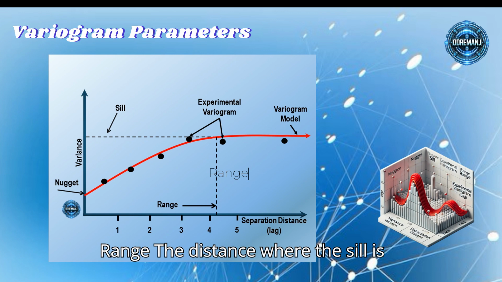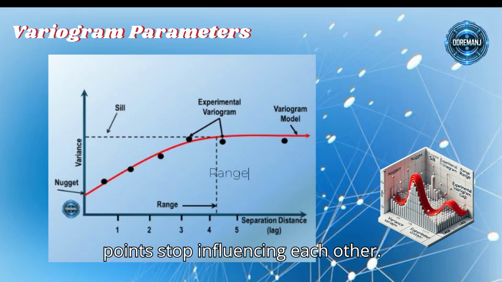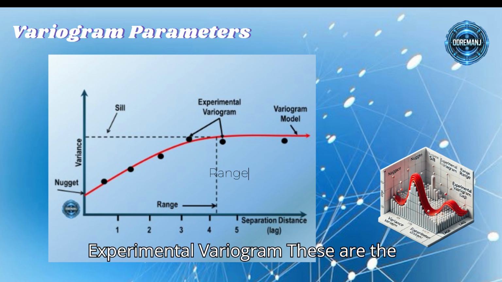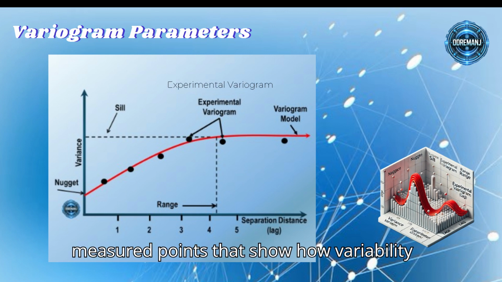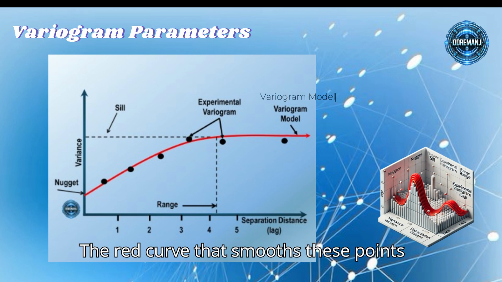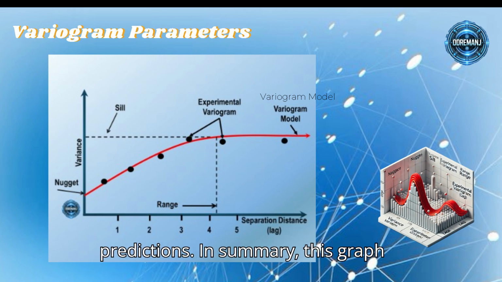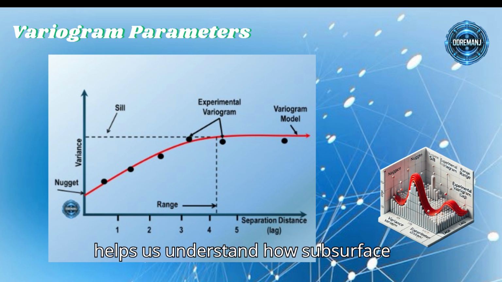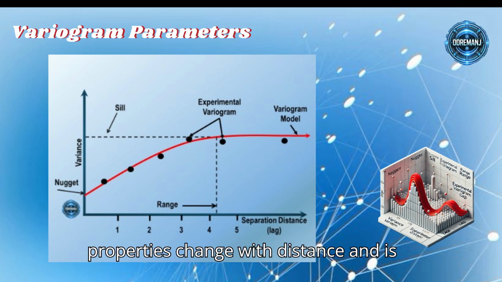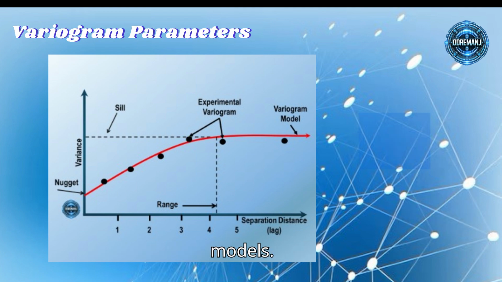Range. The distance where the sill is reached, marking the point where data points stop influencing each other. Experimental variogram. These are the measured points that show how variability changes with distance. Variogram model. The red curve that smooths these points to make more accurate spatial predictions. In summary, this graph helps us understand how subsurface properties change with distance and is crucial for building accurate geological models.